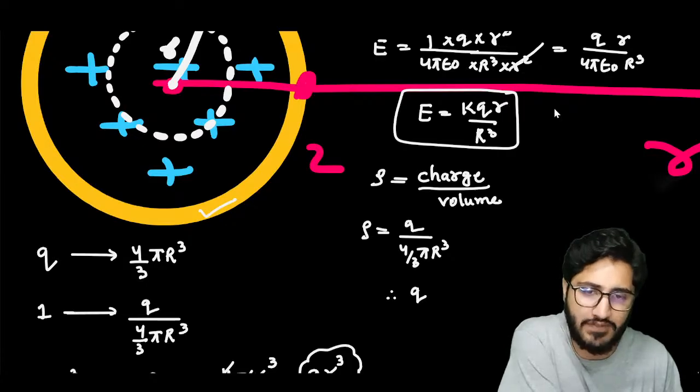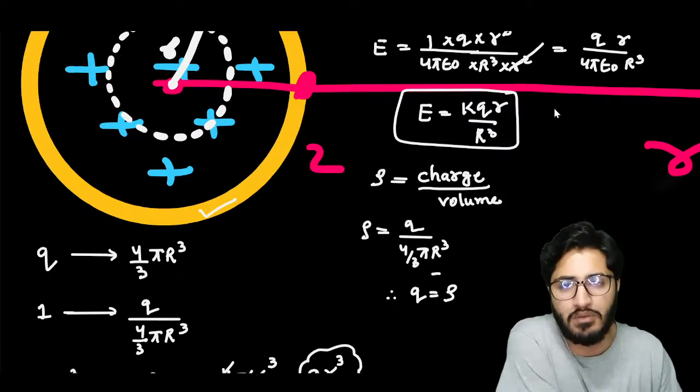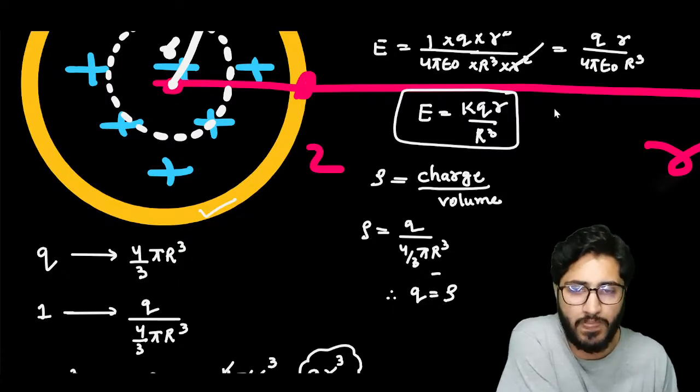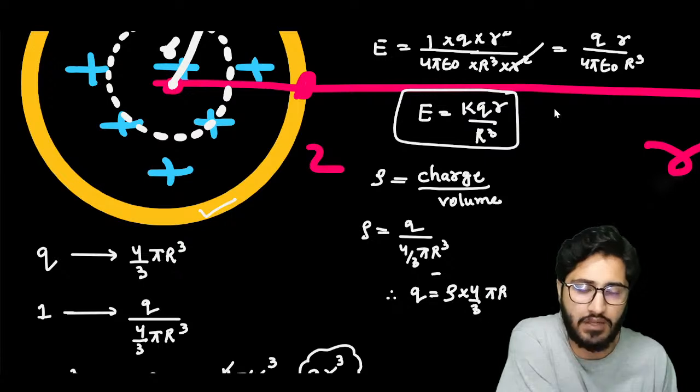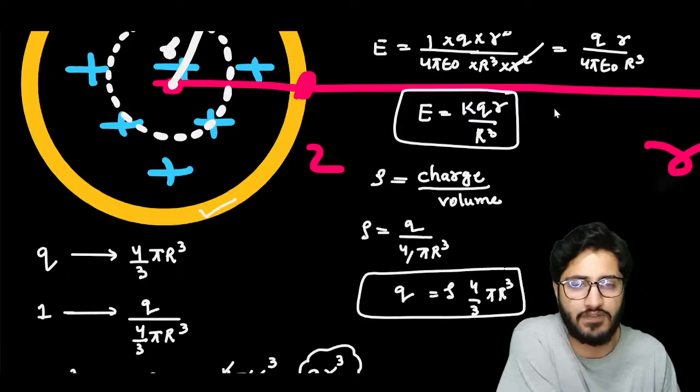So my charge will be equal to rho multiplied by 4 by 3 pi R cube. So Q equals rho times 4 by 3 pi R cube. This is my charge.